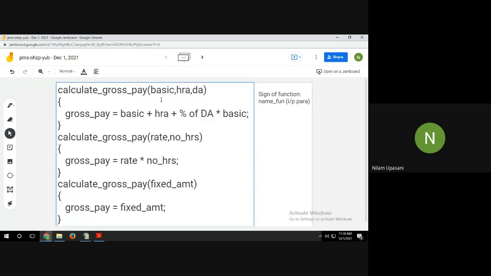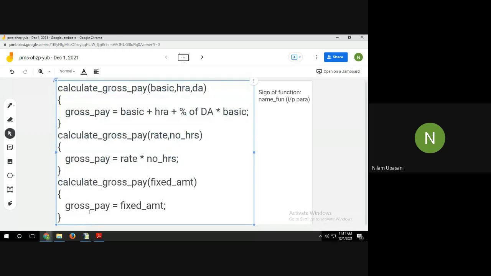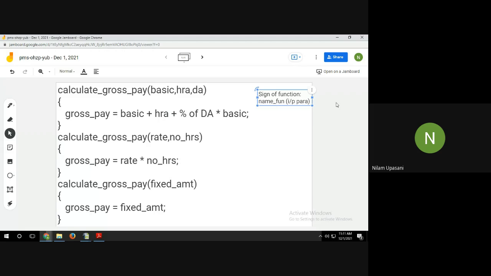If I am calling this calculate gross pay function, for example, based on which input parameters I am passing, it will call one of these functions. All three functions will not be called; either it will call this function, this, or this. At one point in time, one of these functions will be called. So based on the number of input parameters we pass, the corresponding function will be called. The other two functions will be overloaded. All three are already there, but one of them will overload the others based on which function gets a call.